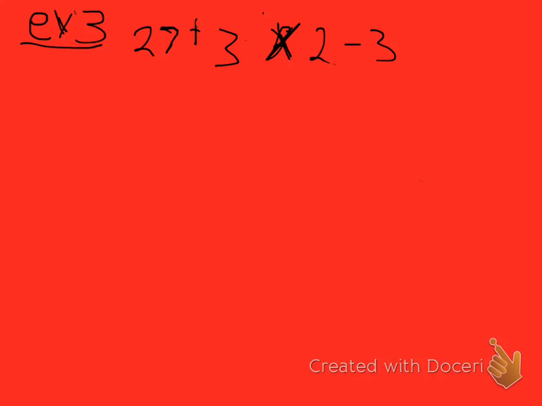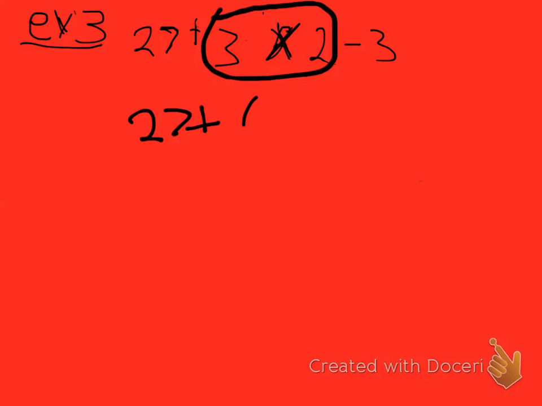Alright, now we're here with example 3. So, first off, using our PEMDAS, the first thing we're going to do is multiply 3 and 2. And the new equation you're going to get is 27 plus 6 minus 3.